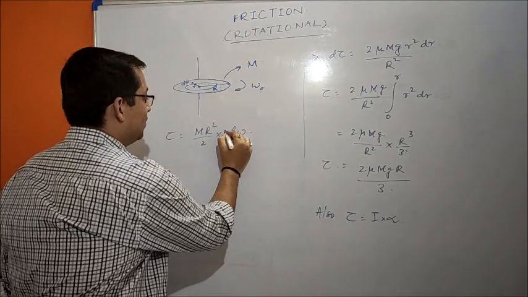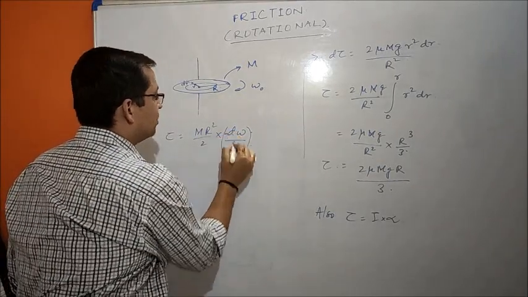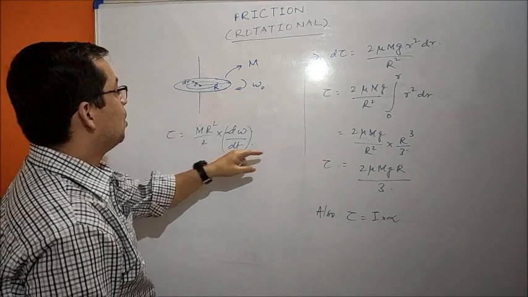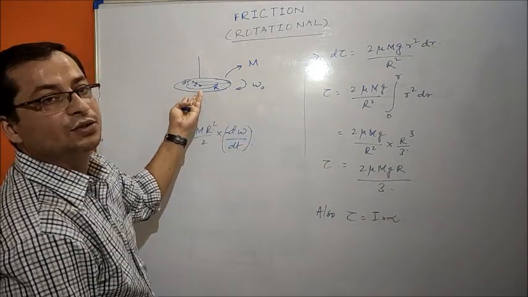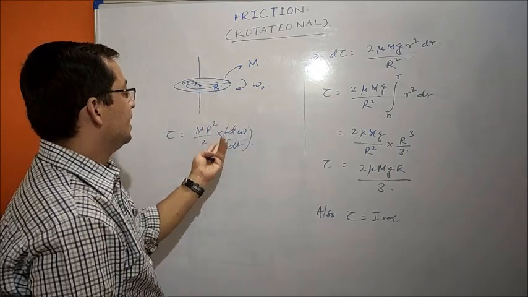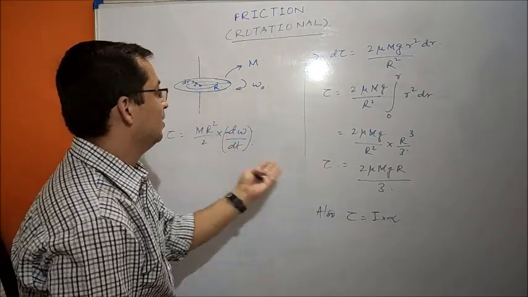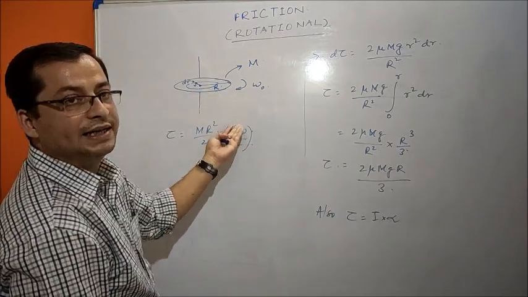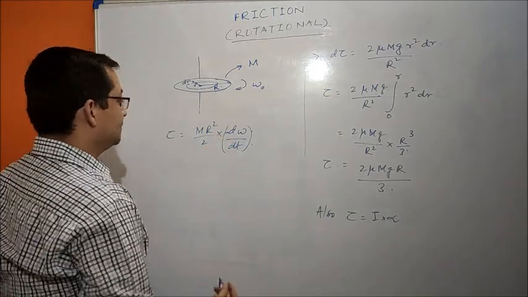In this case, angular acceleration will be minus d omega by dt, because this torque is causing the disk to retard. There is a retardation in the motion, so alpha will be equal to minus d omega by dt as the angular velocity is reducing.